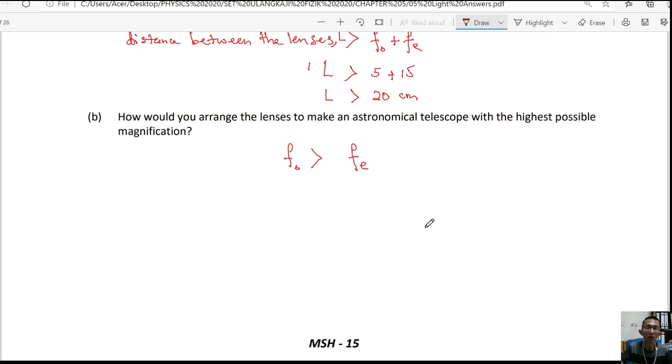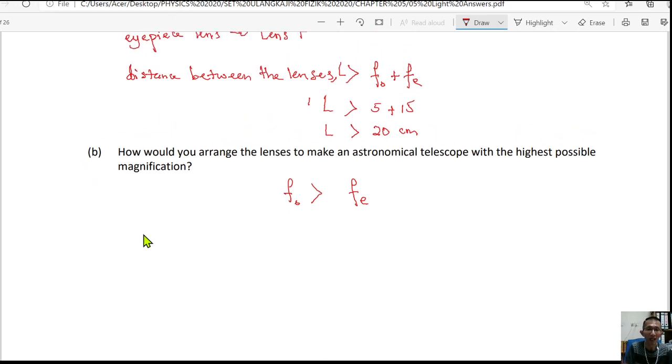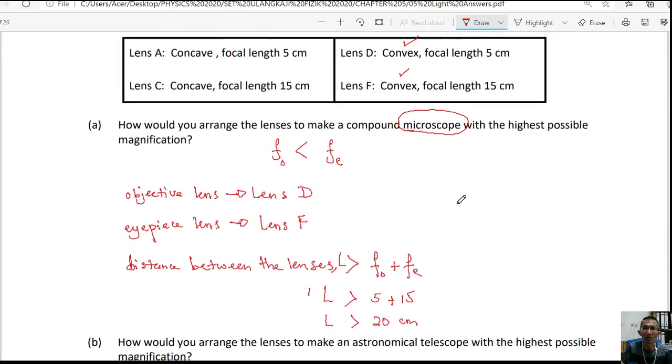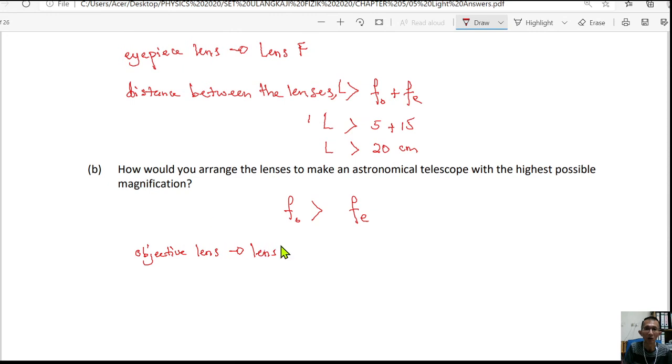Therefore, for your objective lens, which one is greater? Okay, lens F. So here use lens F as our objective lens, and for our eyepiece, we use lens D.